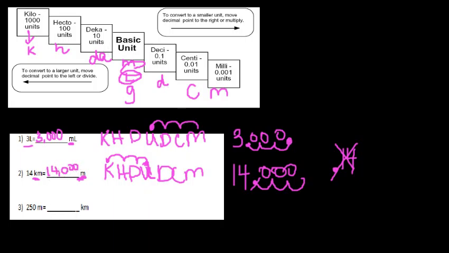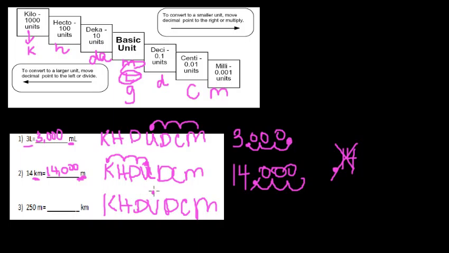Alrighty, 250 meters. King Henry doesn't usually drink chocolate milk. Robot style. Alright. Meters to kilometers. So we just did kilometers to meters. Now we're going back the other way. So if I went to the right 3 here, you can guess it. I'm going to go to the left 3 to get back.